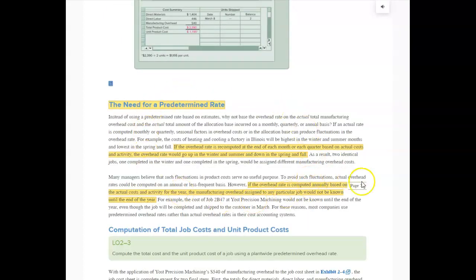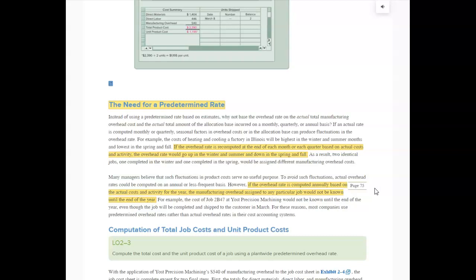These couple of paragraphs explain why we need to have that predetermined overhead rate. And that's because we want to smooth out these overhead costs on jobs being worked all throughout the year. Now, if we tried to apply overhead directly, like weekly or monthly, then you're going to have some months that have a very high overhead cost for that month. Like in the winter months, your factory building might have a large heating bill.